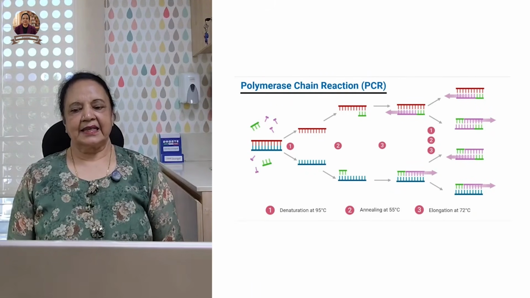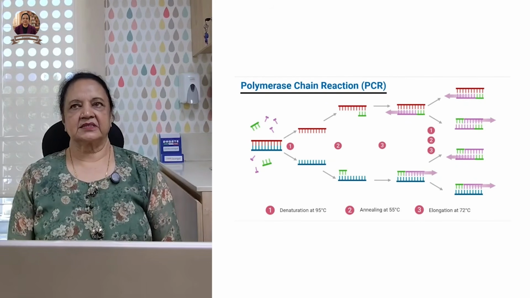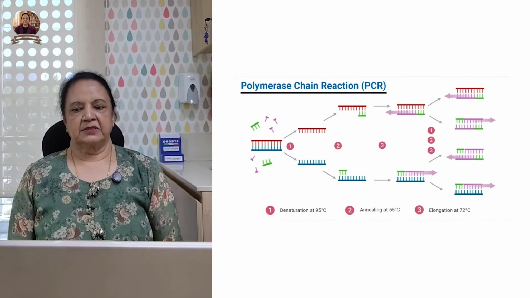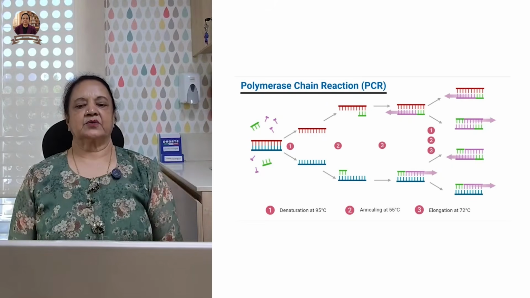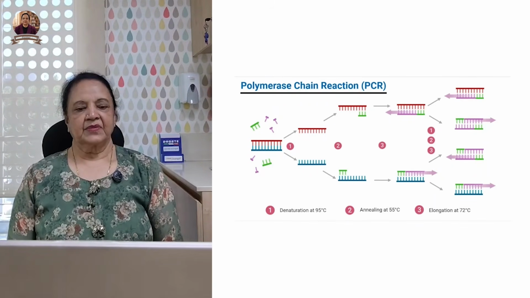Second is annealing. The temperature is lowered to around 50 to 65 degrees Celsius. This allows the primers to bind, or anneal, to their complementary sequences on the single-stranded DNA template, flanking the target region.